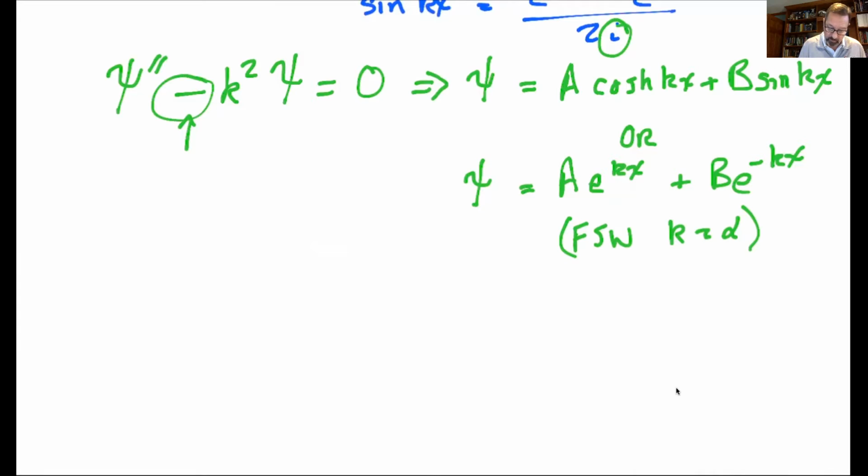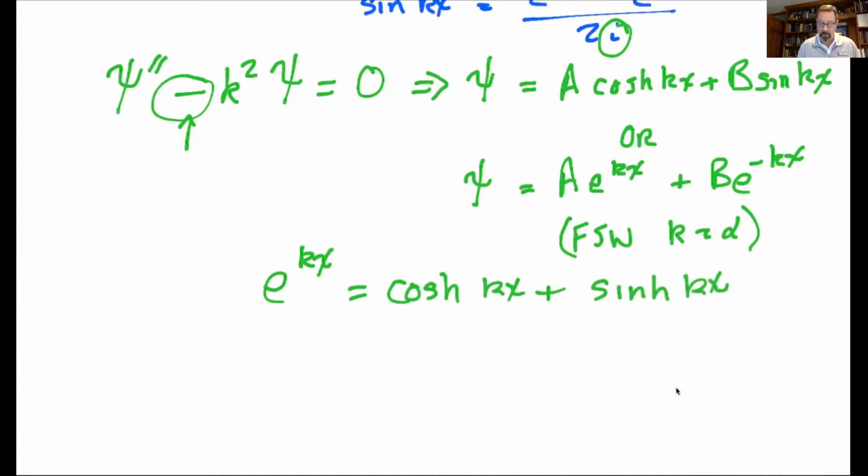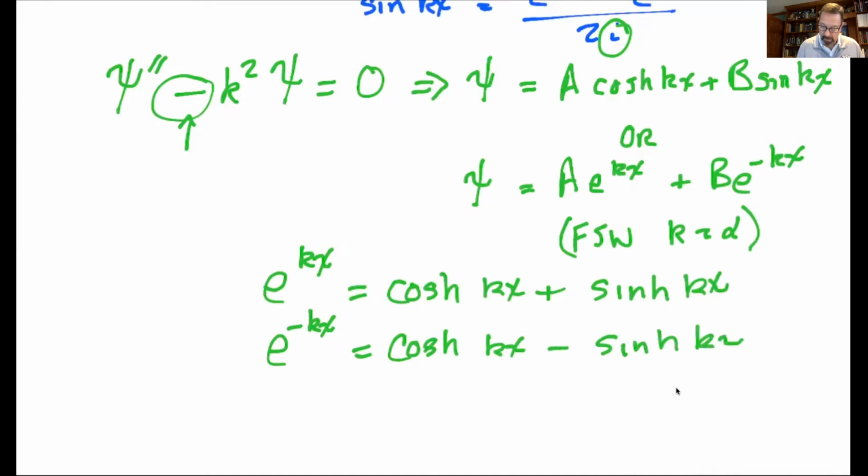I guess the equivalent to Euler's identity is that e to the kx is equal to the hyperbolic cosine of kx plus the hyperbolic sine of kx. Notice no i there. If I wanted to go e to the minus kx, it would be hyperbolic cosine of kx minus the hyperbolic sine of kx.